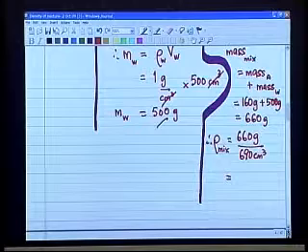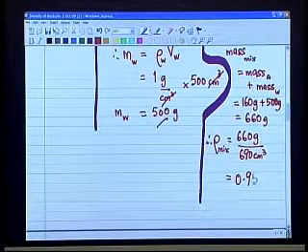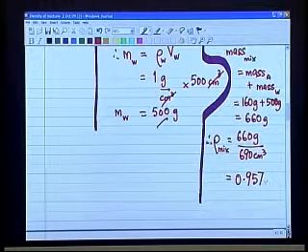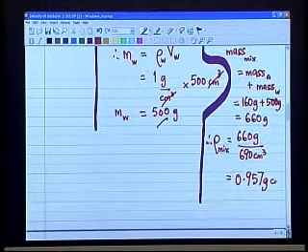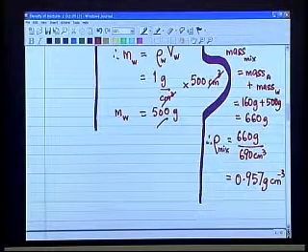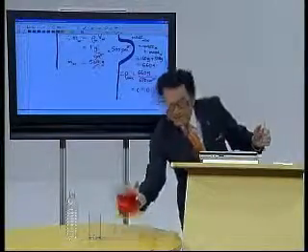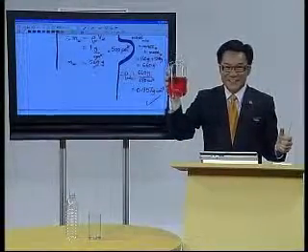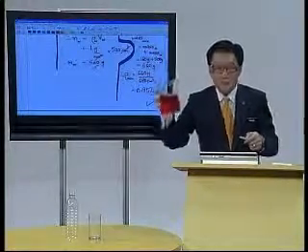Okay, and the final answer you will be able to get is 0.957 gram per cubic centimeter. Okay, so this is the answer. This is the mixture. Alright, so that is the density of the mixture.